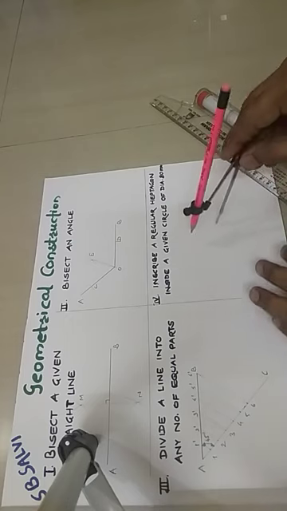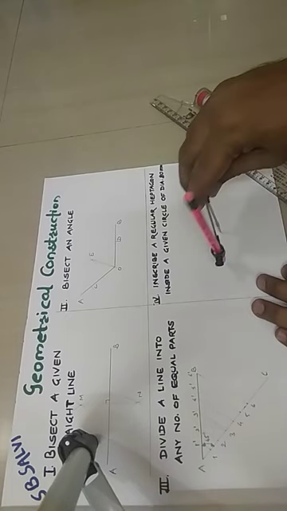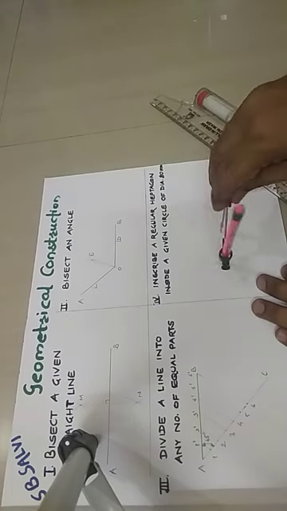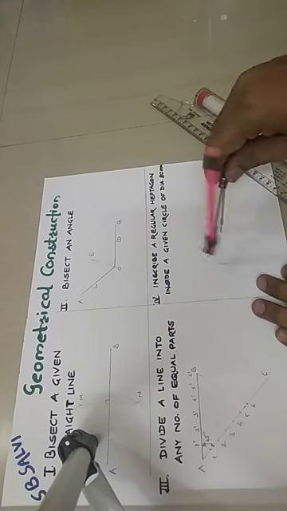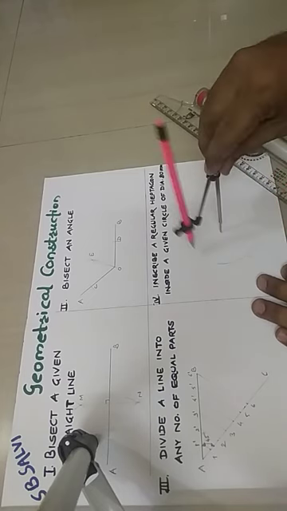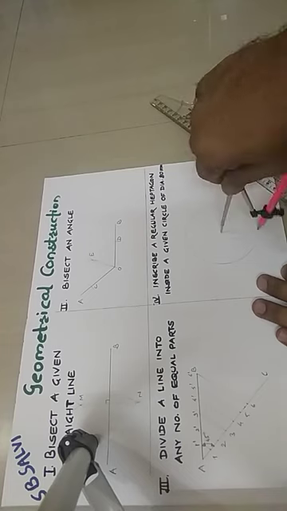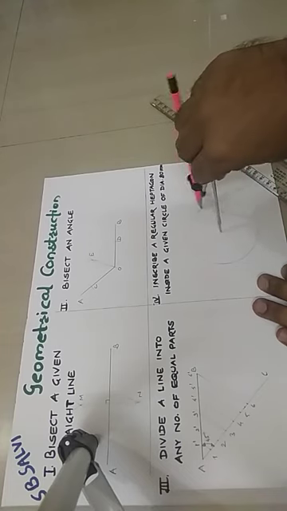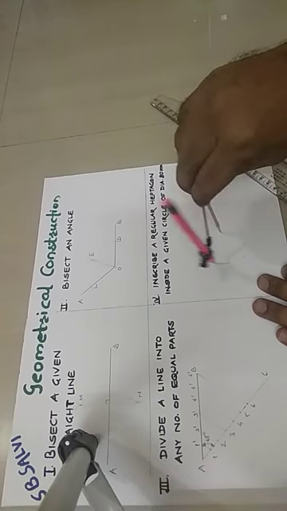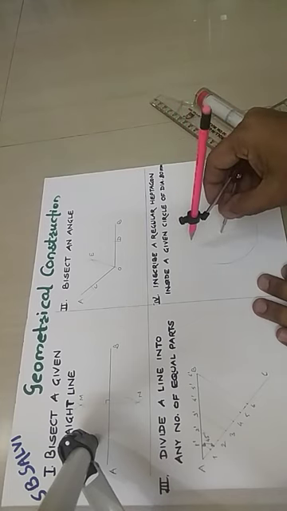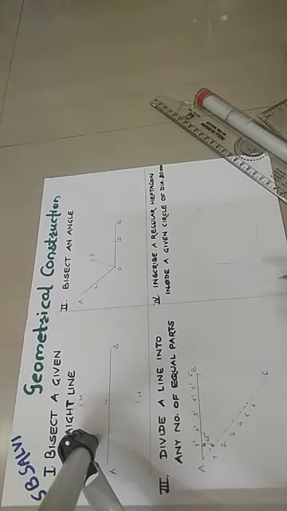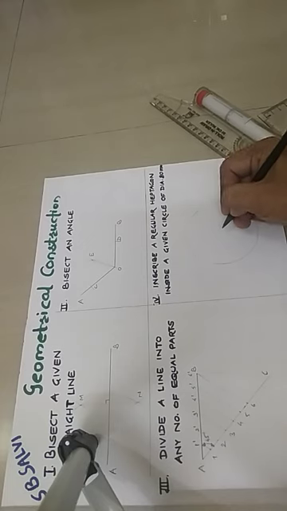Draw a faint circle. Read carefully what is given, whether diameter is given or radius is given. So this is the center point, O point.